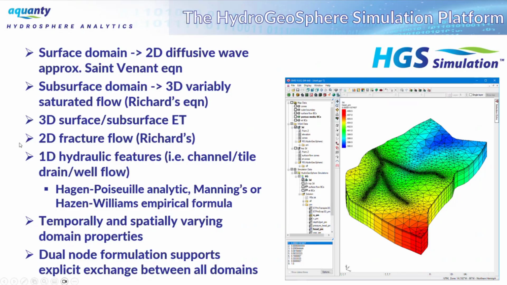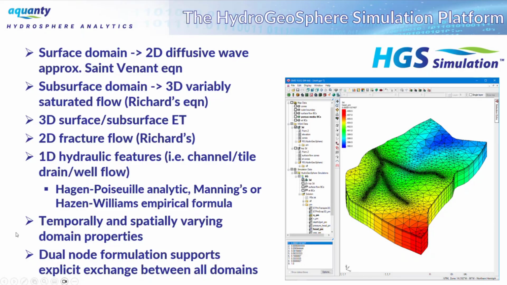We can also incorporate discrete fracture networks, which are also calculated using a form of Richards equation. We can incorporate one-dimensional hydraulic features such as overland or superficial channels, tile drains, and wells in the subsurface. These will potentially be modeled using a number of different governing equations.